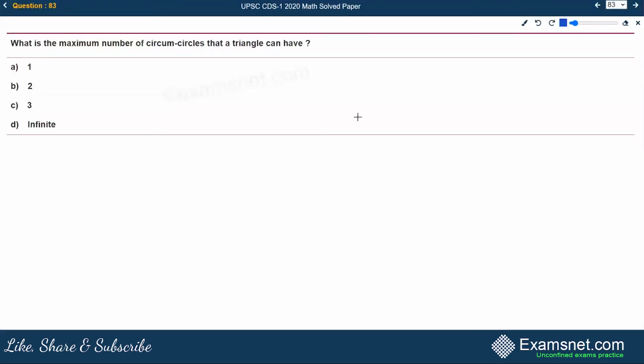In question number 83, we are asked: what is the maximum number of circumcircles that a triangle can have? First, let's remember the definition of a circumcircle.